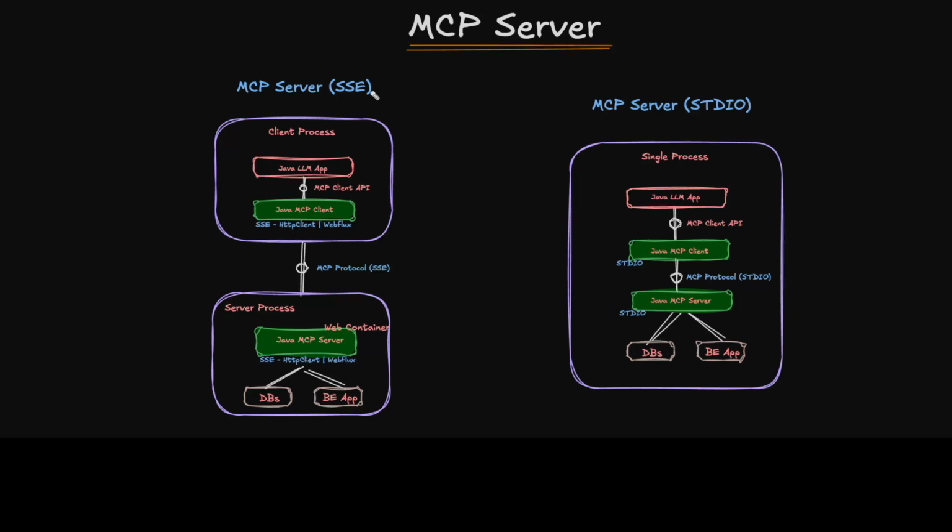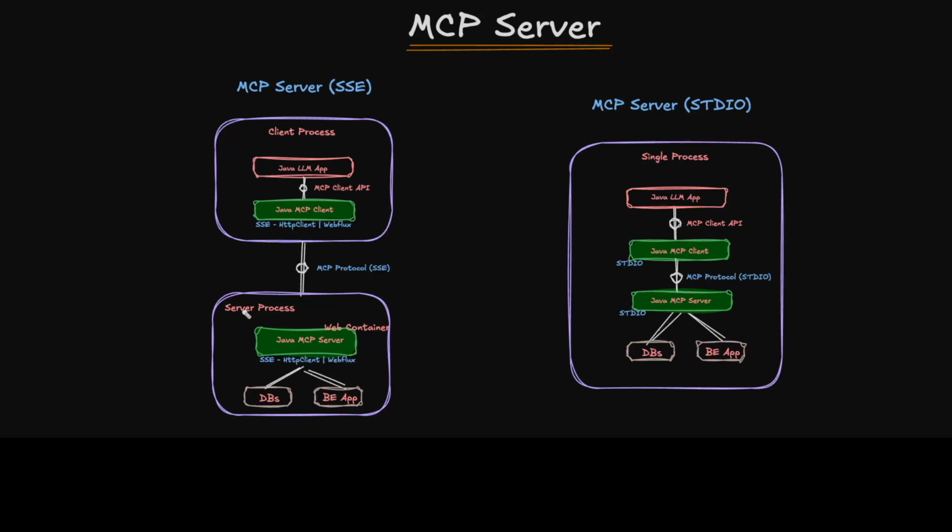So for SSE events, which is over HTTP, there will be a client application which will be interacting with your server application. On a very high level, a client application can be a Java LLM application, which will create an MCP client using the MCP client APIs or a library. And again, you can specify the library, which can be HTTP client, WebFlux, or WebMVC.